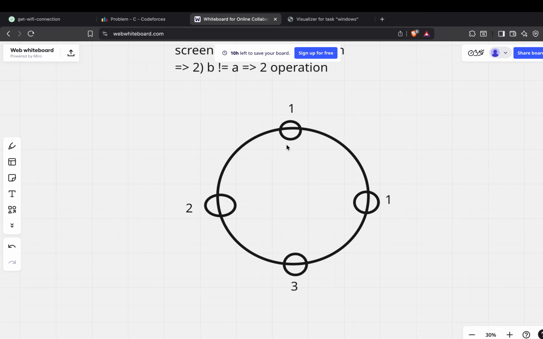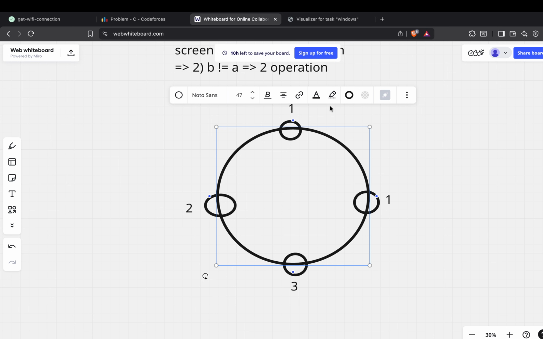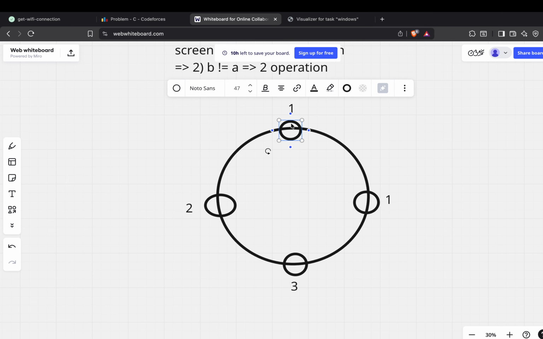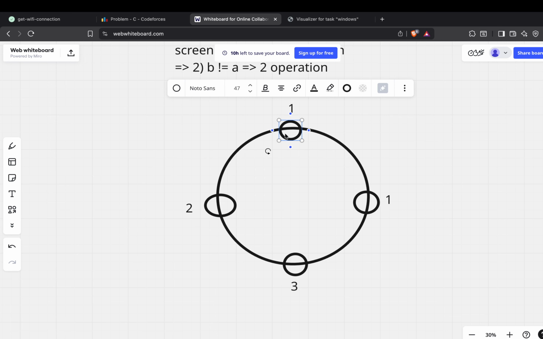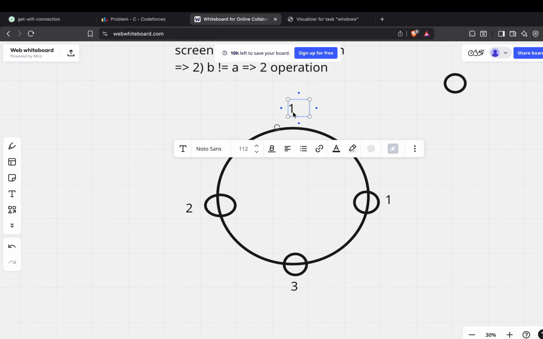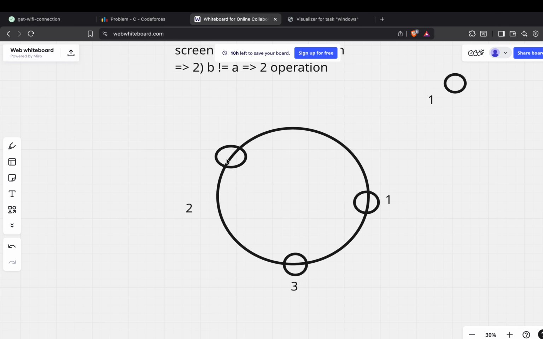Okay, so first of all, let's understand what happens when we remove a node. Let's say we decided to apply an operation on this node and this node. So this would be merged into the max of the two nodes. So this would be removed and this would become a single node with value 2, and the cost of this operation is equal to 2.